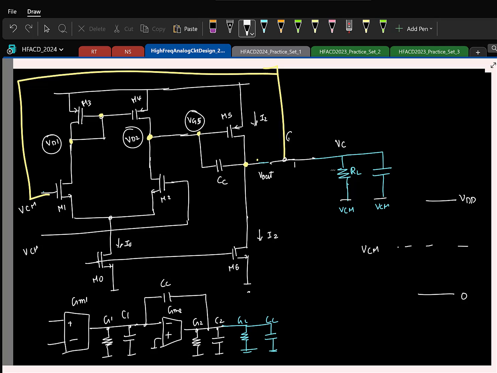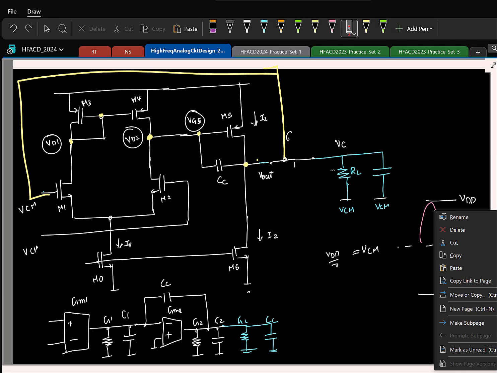What would be a typical value to choose? Yeah, you typically choose it to be around the mid rail so that you can have maximum swings in the positive side and negative side. Although it's not necessarily the case, you can choose anything within that range you compute. This is a typical choice that is made usually. Okay.